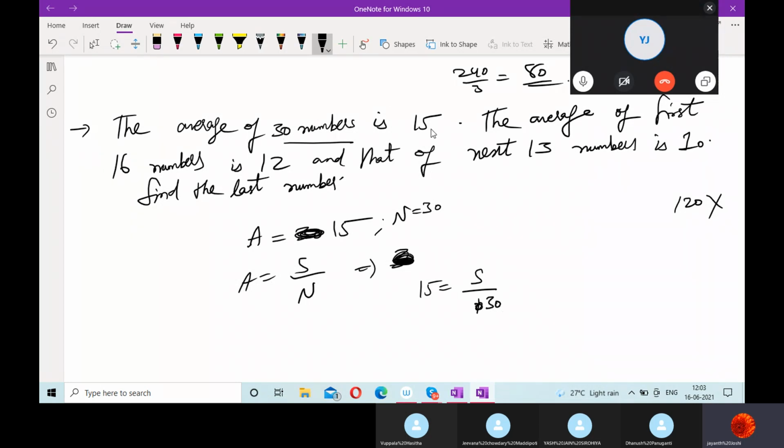So average of 30 numbers is 15, so sum will be 450, because if we cross multiply here, the total would be 450. Average of first 16 numbers is 12. Just a second, please.